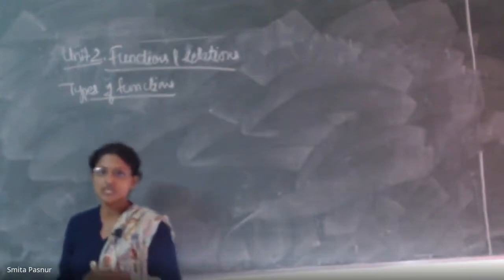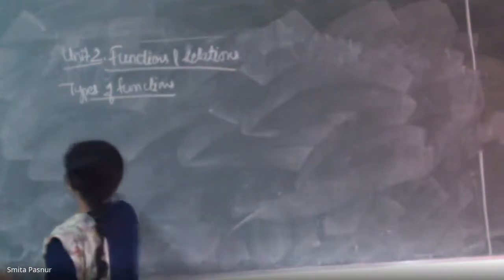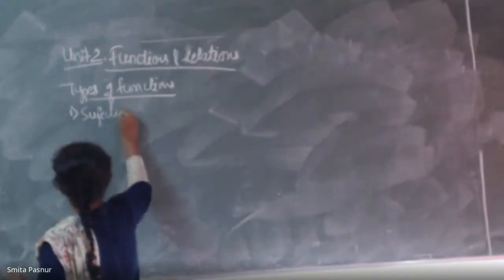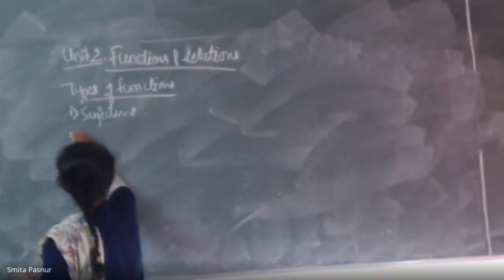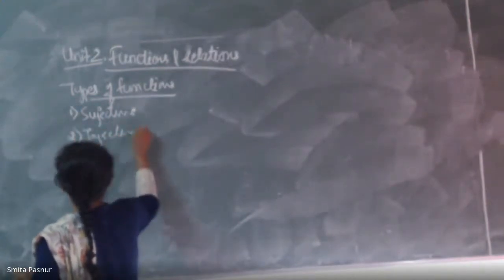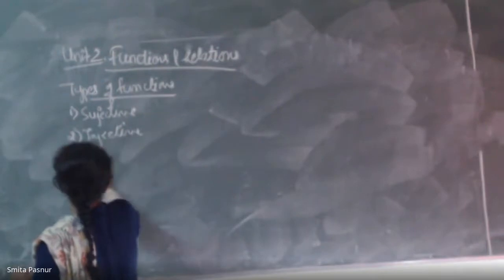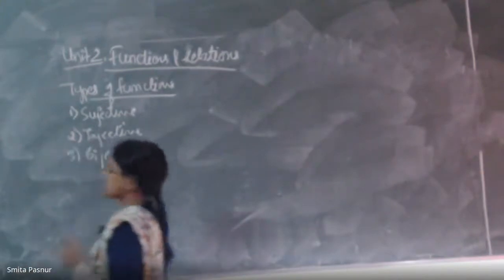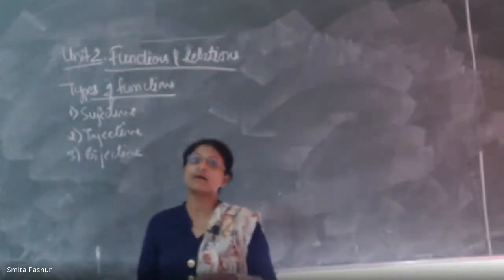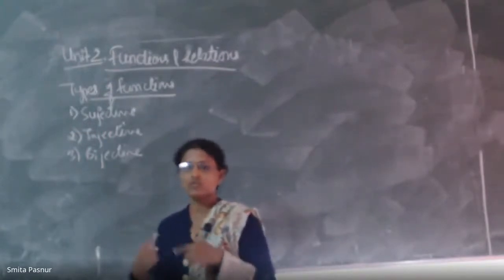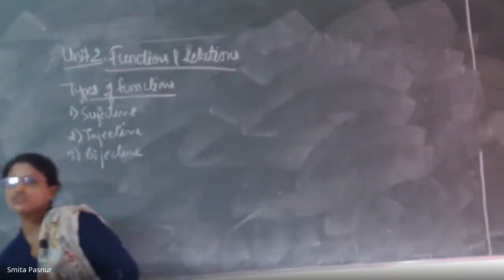So we will see them one by one. The first is the surjective function. Then you have the injective function. Then you have the bijective function. So surjective, injective, and bijective. These are the three types of functions. We will see what these functions are one by one.